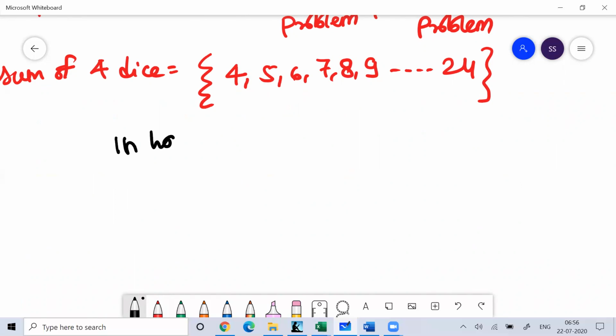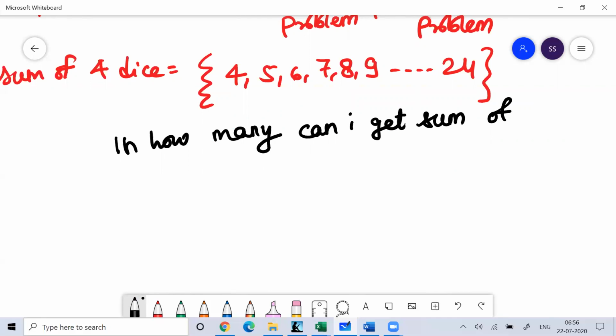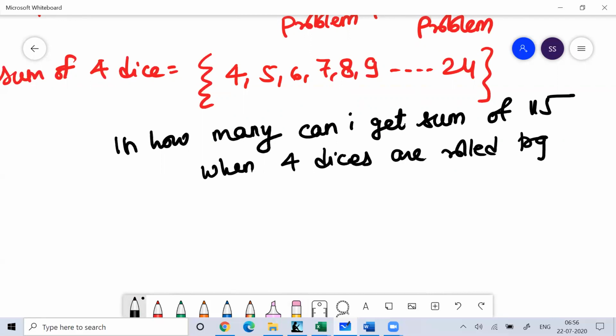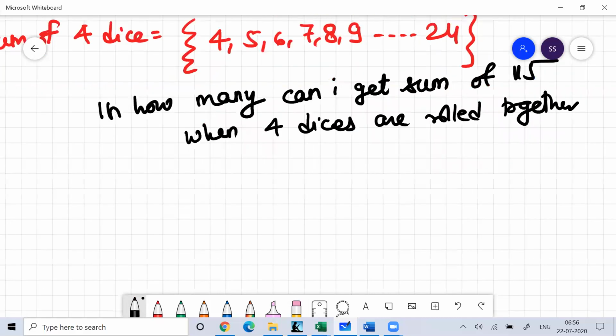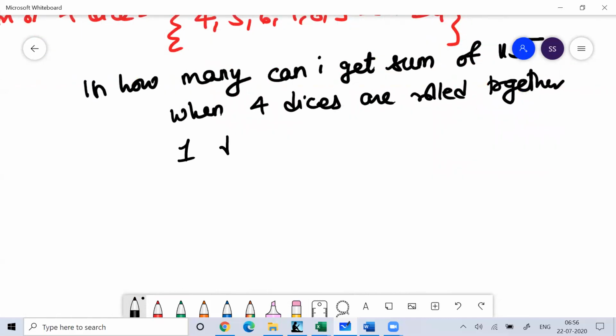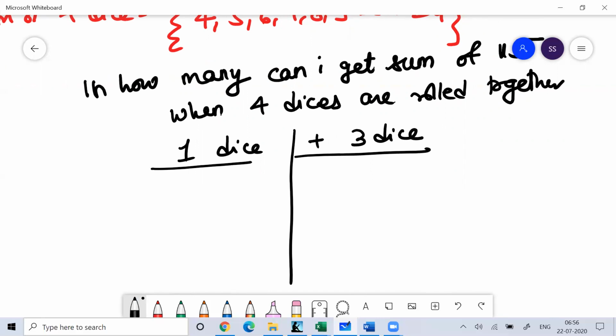In how many ways can I get a sum of 15 when four dice are rolled together? What I can do is break this problem as one dice plus three dice.